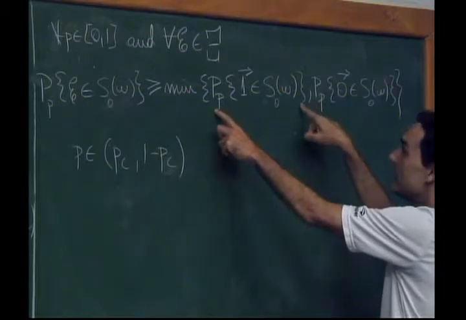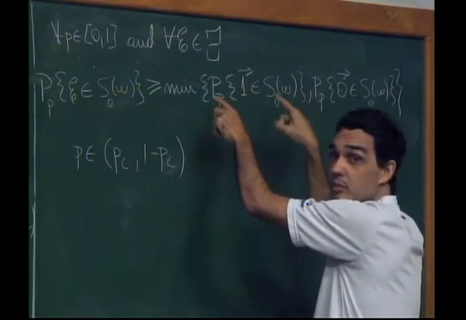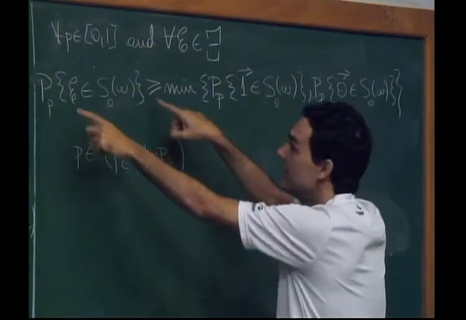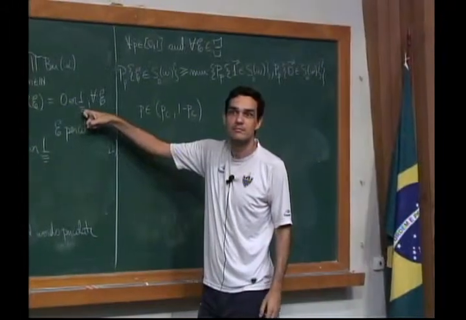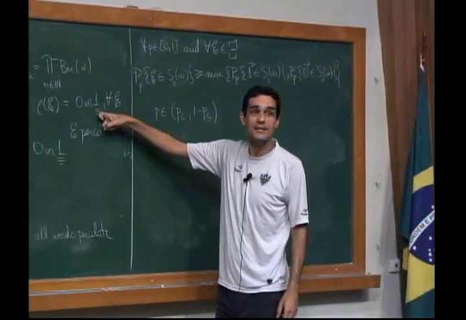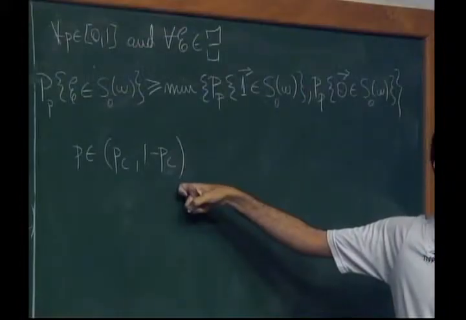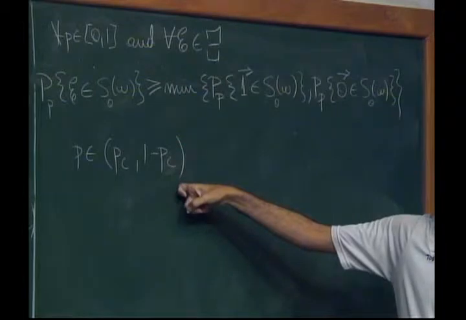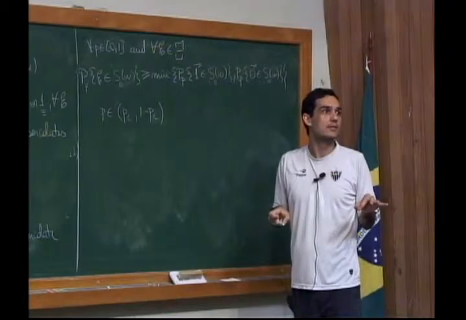Then this is strictly positive, this is strictly positive, so the minimum is strictly positive, then this is strictly positive, then this should be 1. Okay? That is, for p in this interval, given any word, this word percolates.